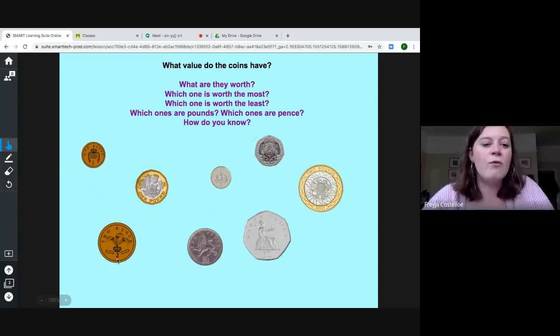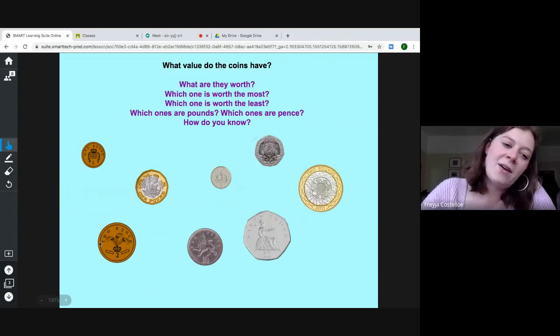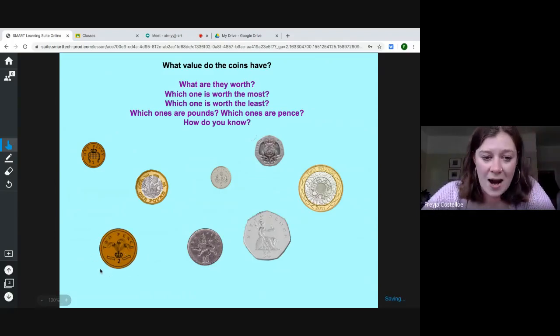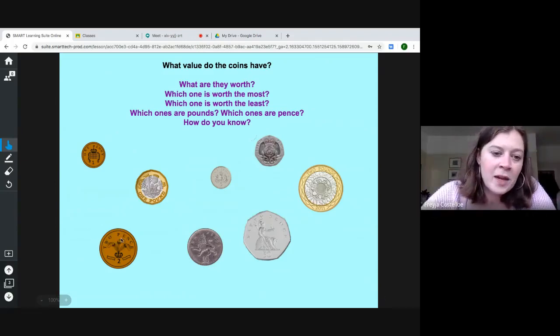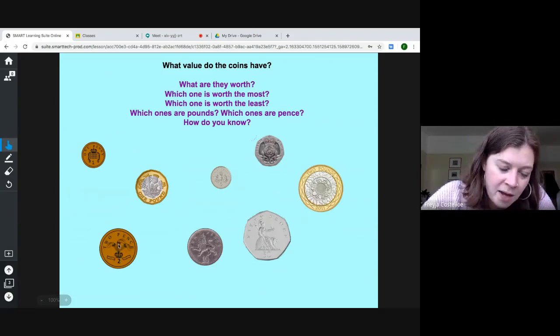So I'm going to start off by looking at this coin down here. Okay, so I can see that it's round in shape. It's got one round smooth edge. It's circular. And I can see it says 2 pence on it with the number 2. And the markings it's got on it here is a little crown and some feathers.